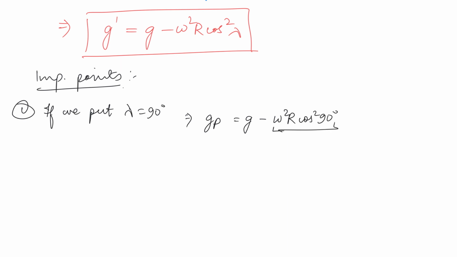So this term will be 0. So gp will be the acceleration due to gravity. So there will be no effect of rotation at poles.